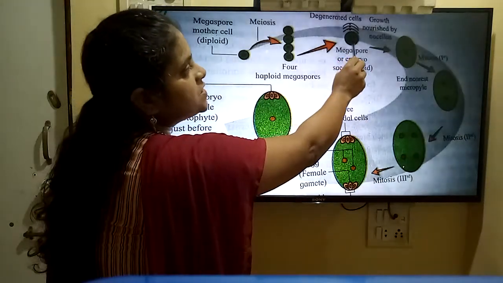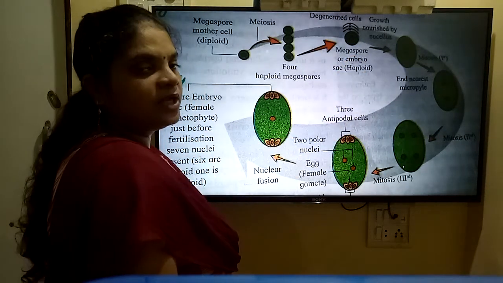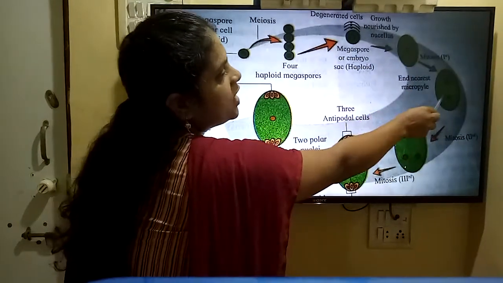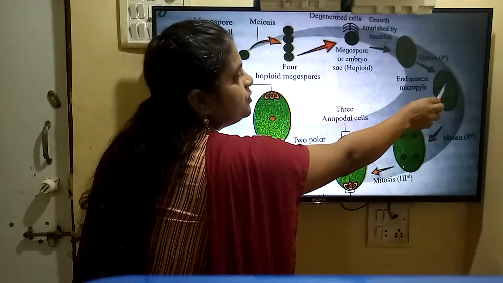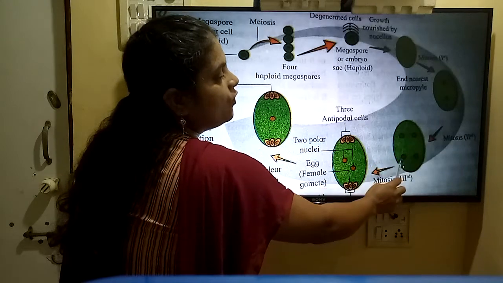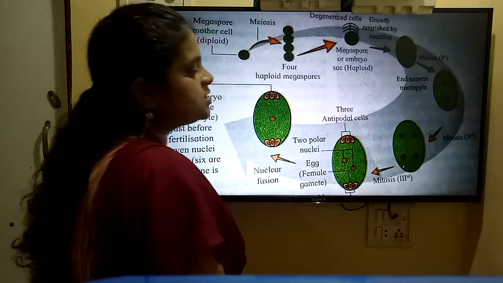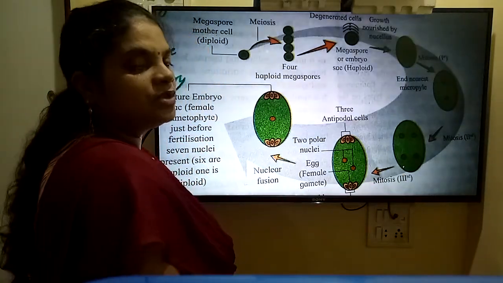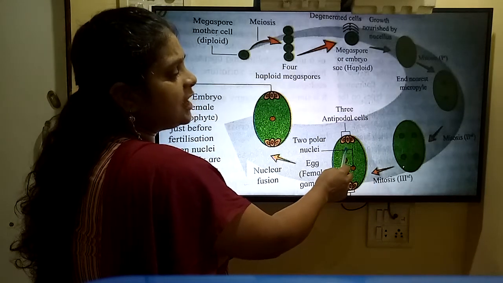Now the functional megaspore undergoes 3 mitotic divisions. In the first mitosis, a single nucleus divides into 2 nuclei. The 2 nuclei divide into 4 nuclei in the second mitosis. In the third mitosis, the 4 nuclei divide into 8 nuclei.